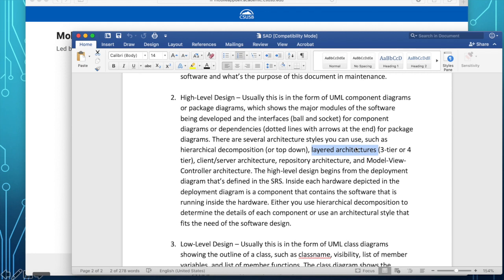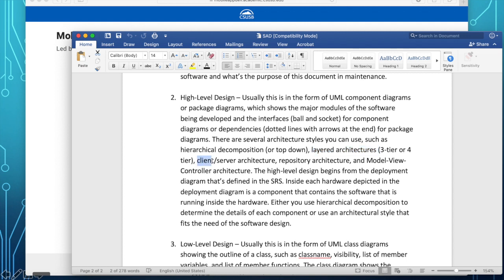And the middle in the 3-tier and the 2 layers in the 4-tier are middleware software. So this is also a very useful architectural style that you use in high-level design.